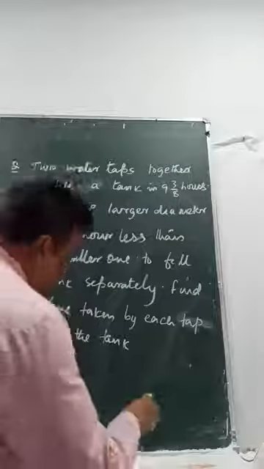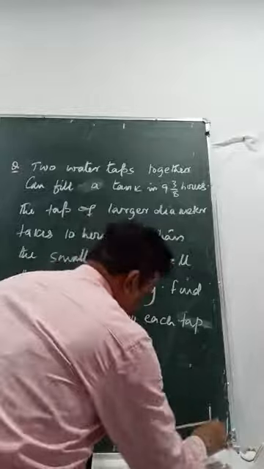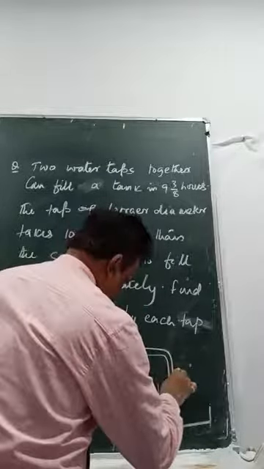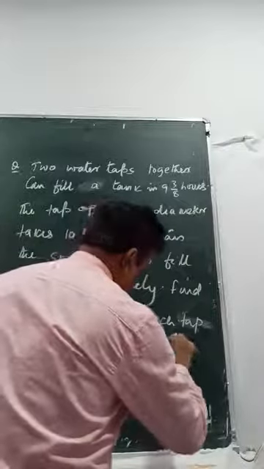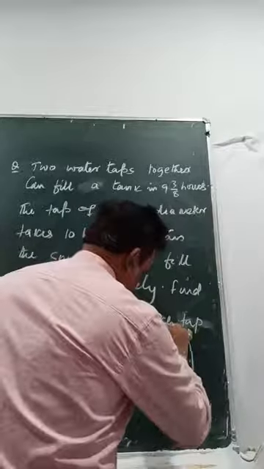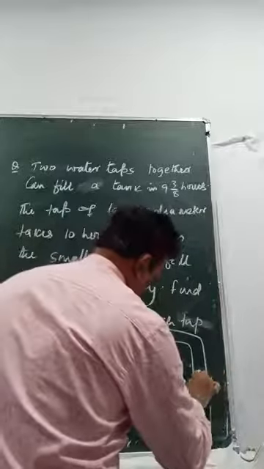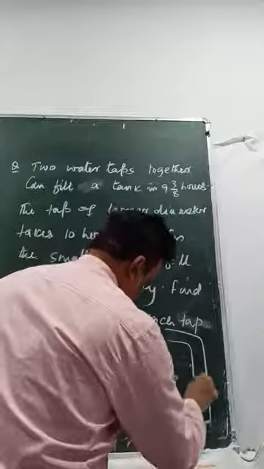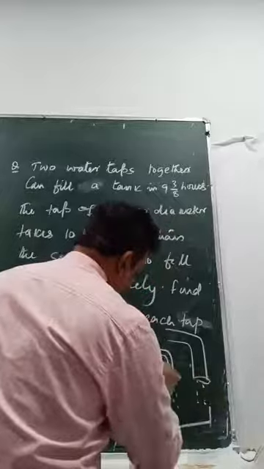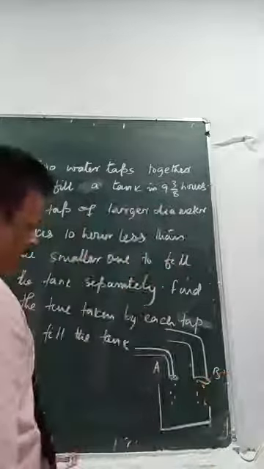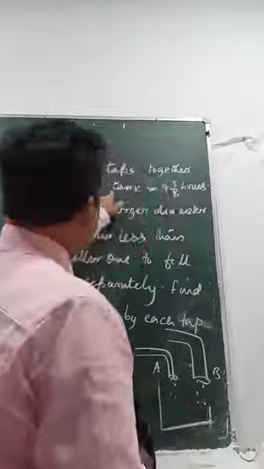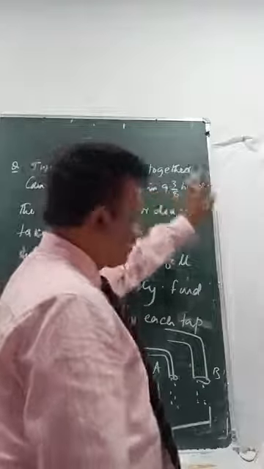Now look, suppose there is a tank here. Two taps, so water is coming. This is suppose A, this is suppose B. Now together, when you open the tap, they are taking 9 3/8 hours.